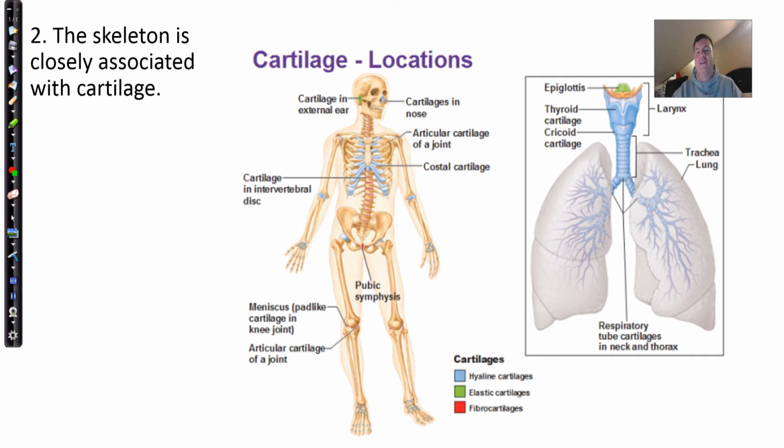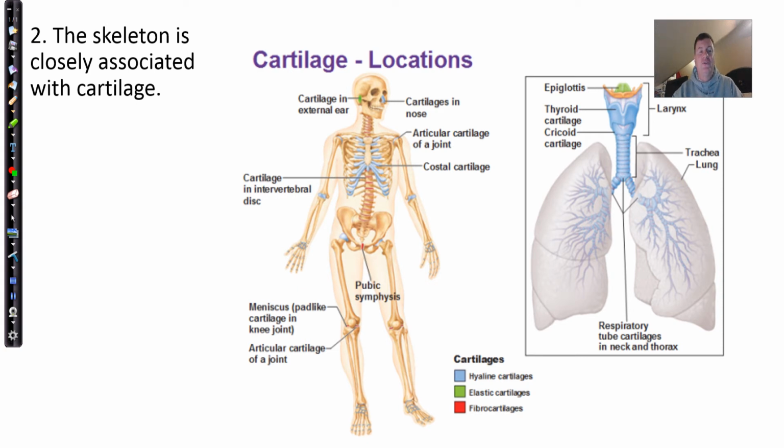You see hyaline cartilage here associated with the trachea as well. So when you think of hyaline cartilage, you're thinking of a little bit of a bouncy tissue, but still gives you some structural support.